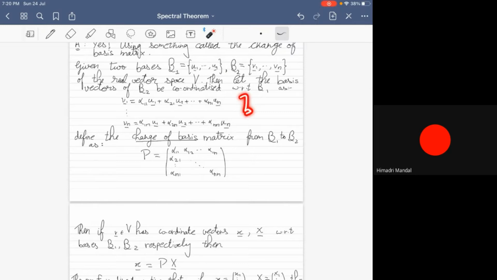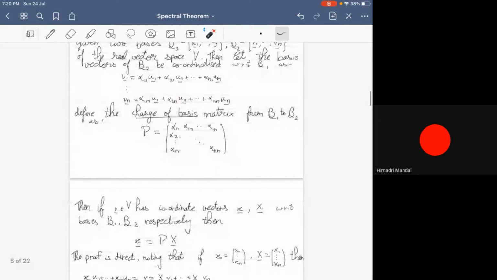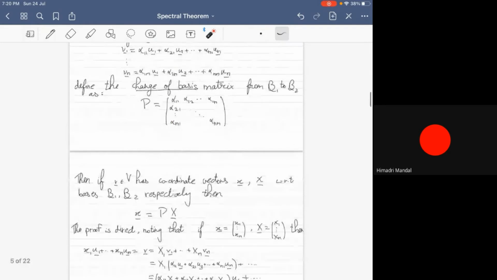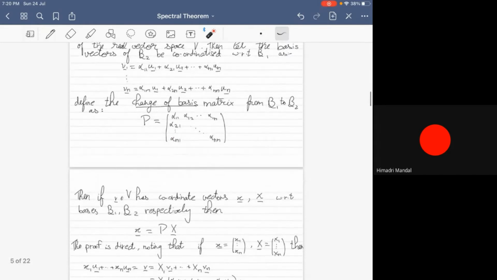So V1 as a linear combination of U1, U2, dot dot dot, and so on till Un, and so on till Vn. And we just collect this array of numbers to form a matrix. You will see why in a moment. Let's call this the change of basis matrix.